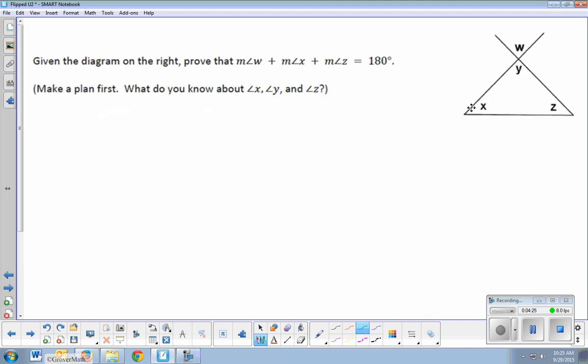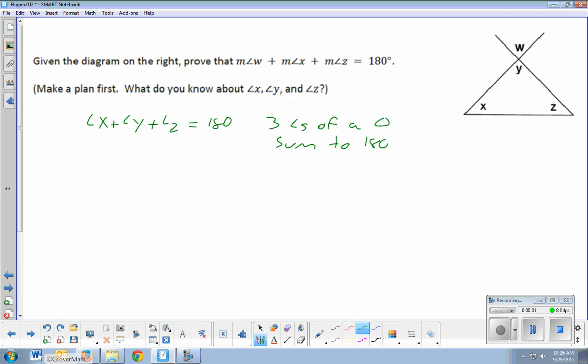Let's try another one. Given the diagram on the right, I want to prove that W plus X plus Z equals 180. Well, right off the bat, I don't know that they equal 180, but I do know that these three equal 180. I know that angle X plus angle Y plus angle Z equals 180, and my reason is the three angles of a triangle sum to 180.